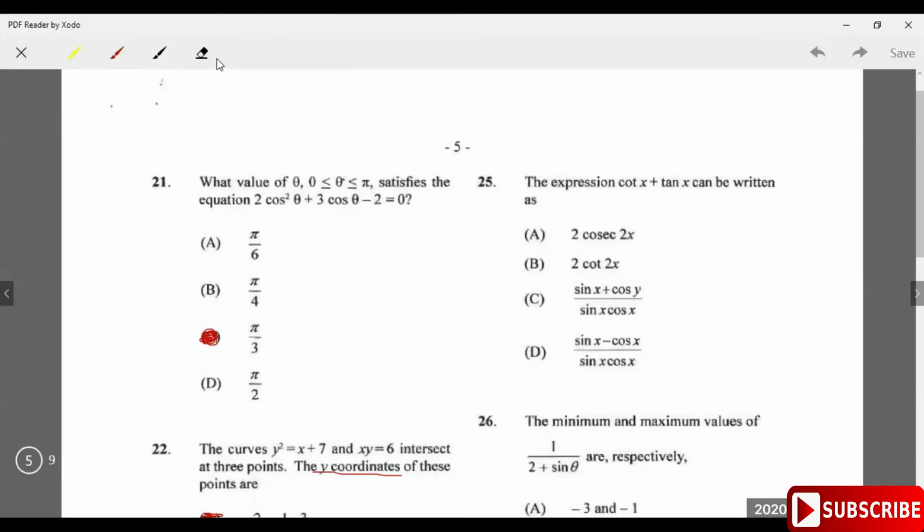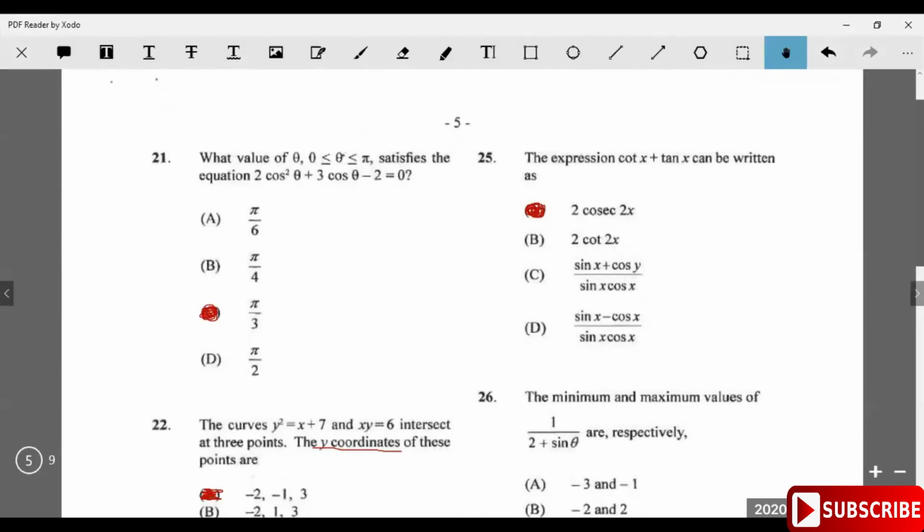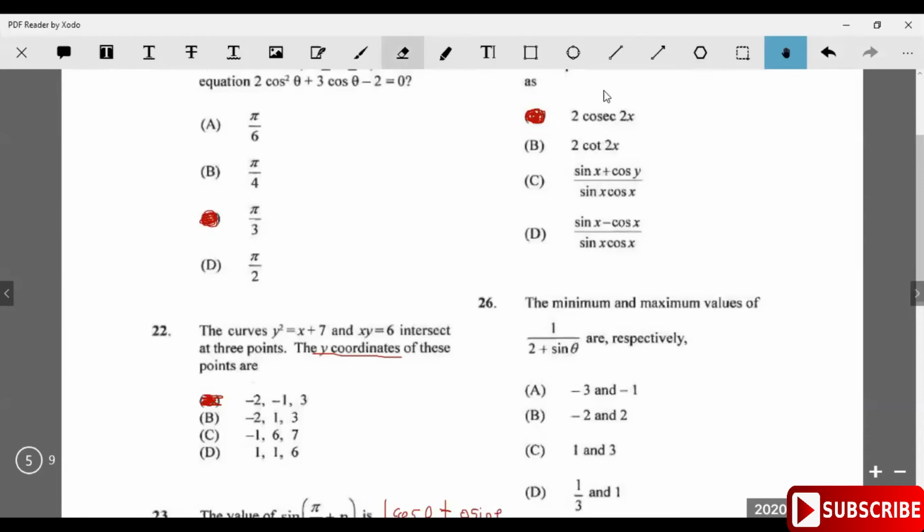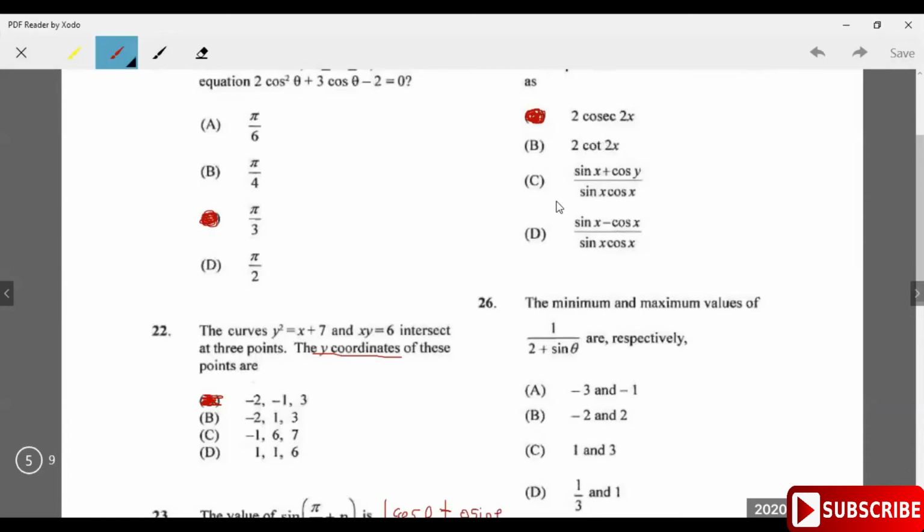Question 25 is a repeat question from the last paper we did, and that was 2 cosec 2x. Easy. Soft. Question 26 is another repeat question from the last paper, and that was 1 over 3 and 1.